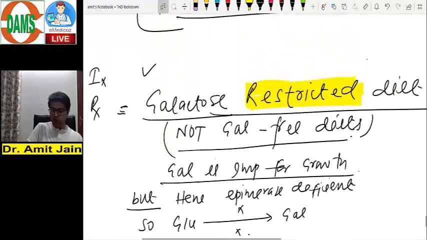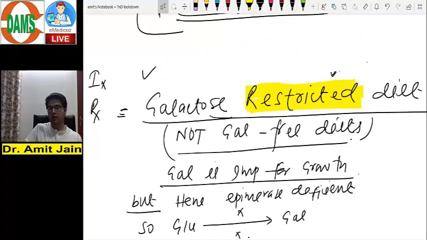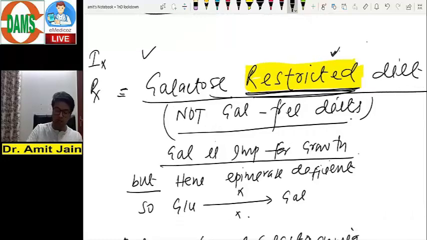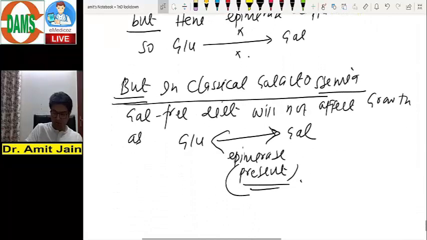I will also use this term later when we read phenylketonuria. In phenylketonuria, phenylalanine restriction is done, because phenylalanine is an essential amino acid which our body cannot synthesize. So you have to give that PKU patient phenylalanine. Understood, guys, everyone? That's all.